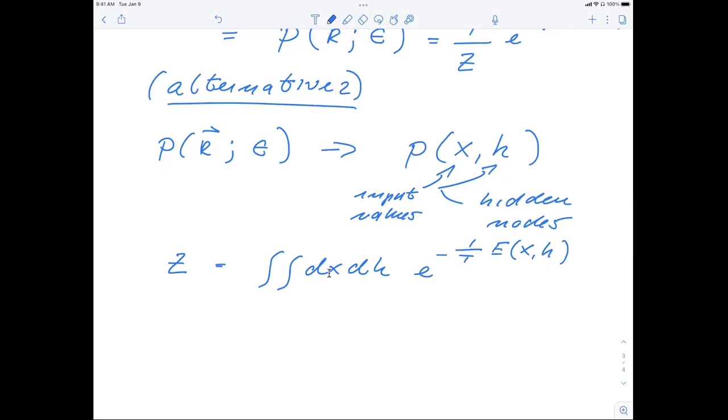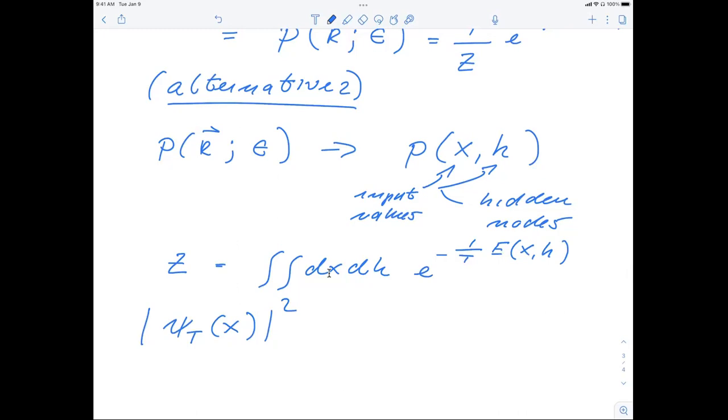Now, what we want at the end is a trial function, or probability for that, which depends only on X. And that means that what we will need is actually to integrate out the hidden nodes.